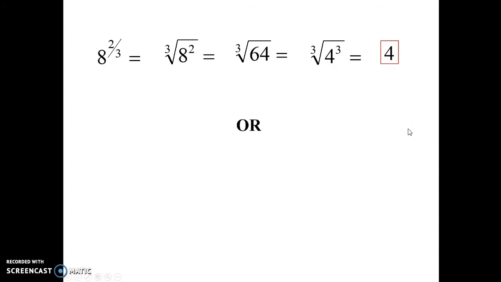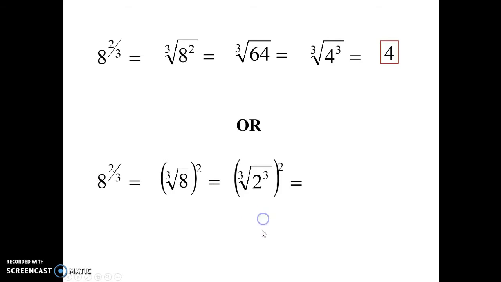Now I'm going to use the other definition. I'm going to take the third root first and then raise it to the 2nd power. Here's the other way we can do it. Take the third root of 8 first, and then take that answer and apply the exponent of 2. Well, the third root of 8 is 2. Let me write it this way.